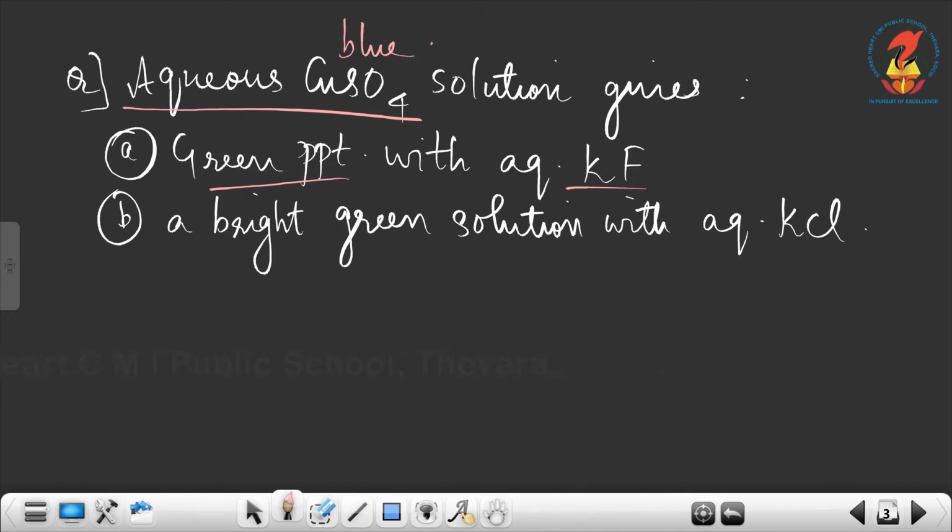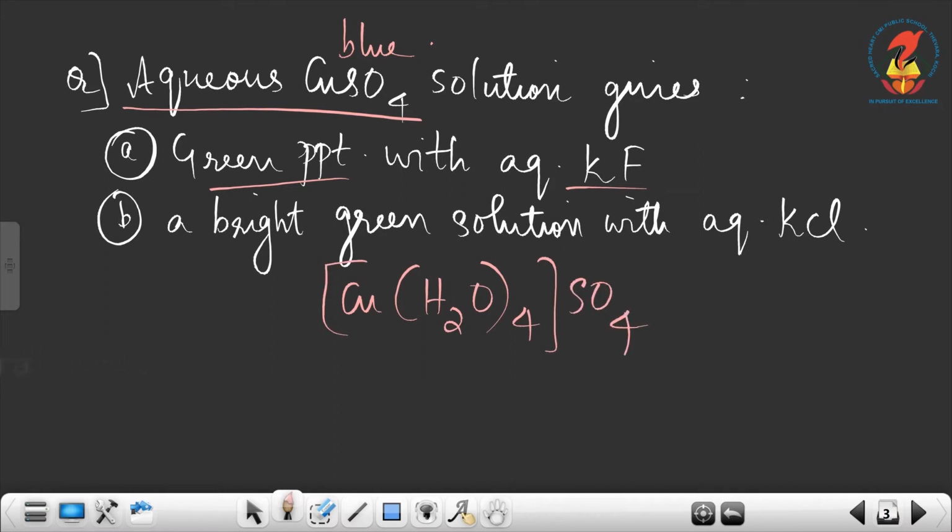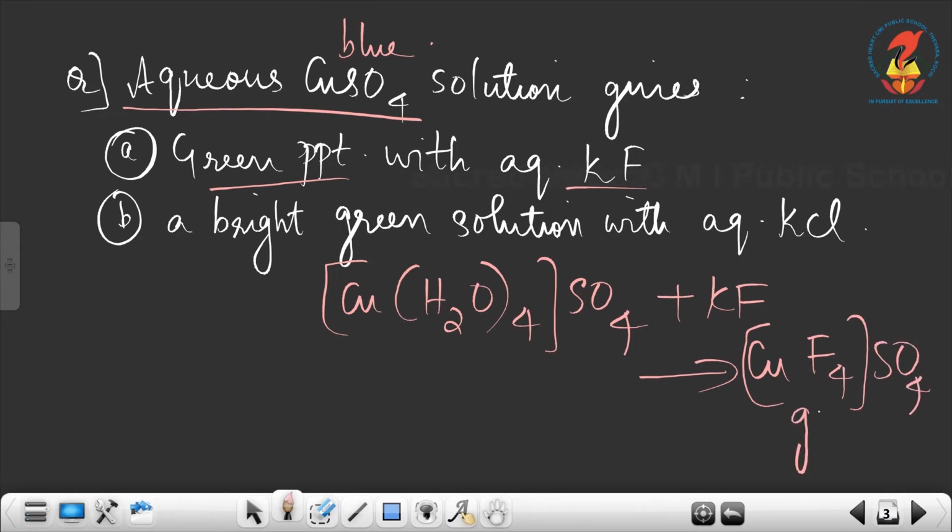Now, you can say aqueous copper sulfate, the formula will be [Cu(H2O)4]SO4. Now, this when treated with potassium fluoride, what is the compound that you get? You get H2O getting replaced by F minus. So, it will be CuF4 SO4, and this is green in color.